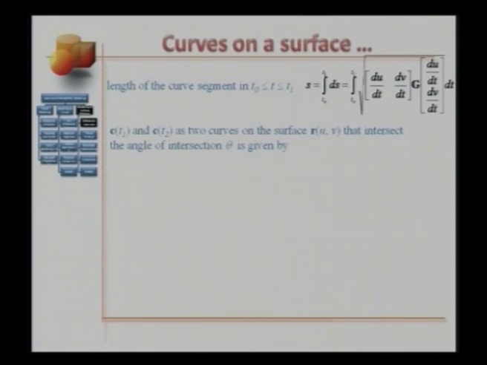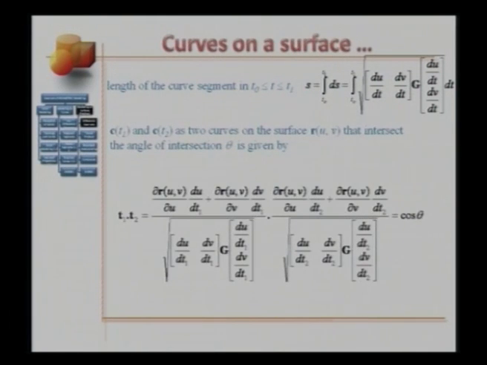This angle is given by the dot product between the two local tangents, T1 dotted with T2.